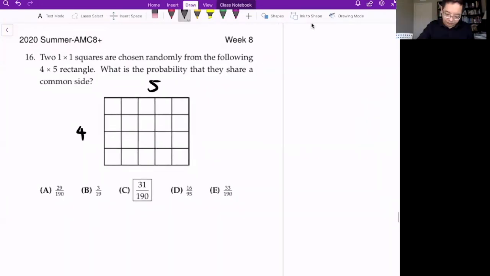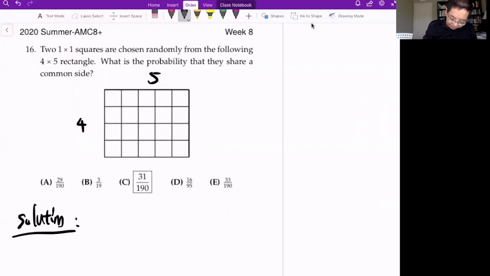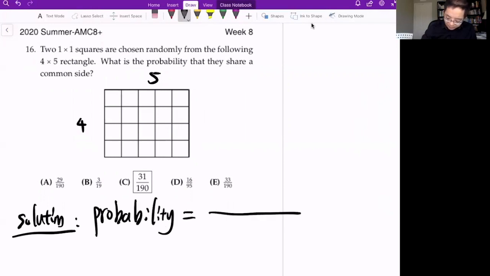Okay, so solution. First, let's recall the general formula. Probability equals the denominator is the number of total cases, and the numerator is the number of those valid cases, right?